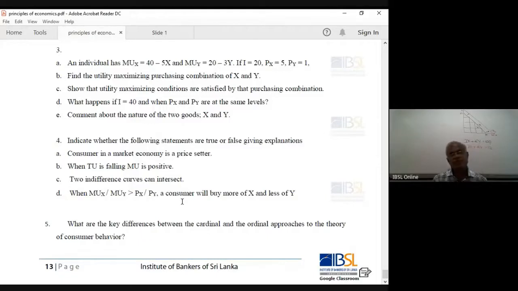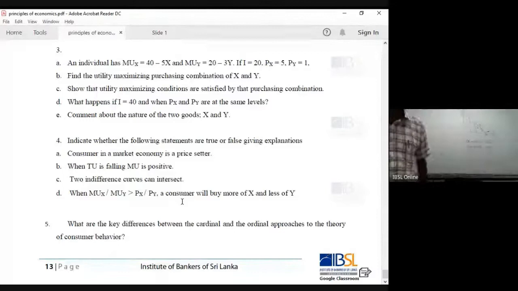Part D. When MUX or MUY greater than PX or PY, consumer will buy more X and less Y. Now we have to do some small changes here.